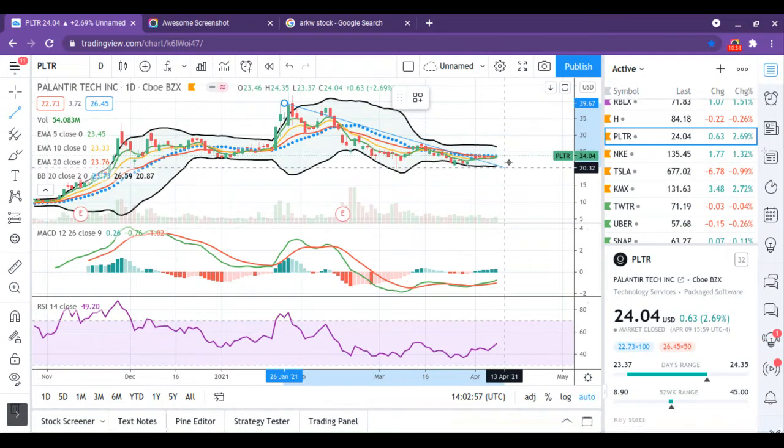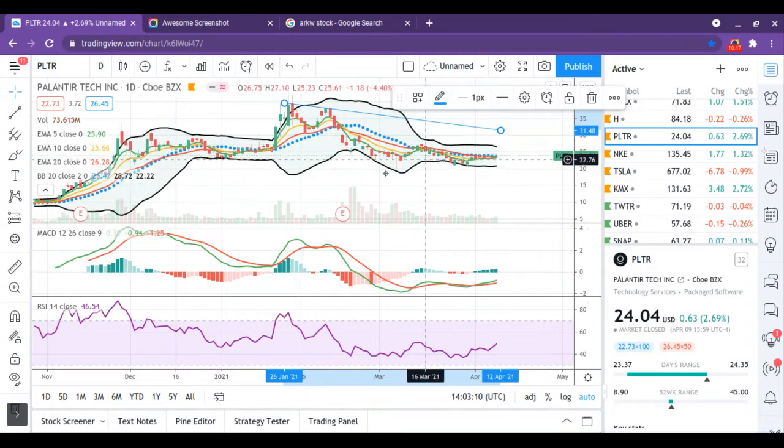Or more like this, right? Even if I did that, it's kind of like this, right? And then I did the one from back here, maybe.